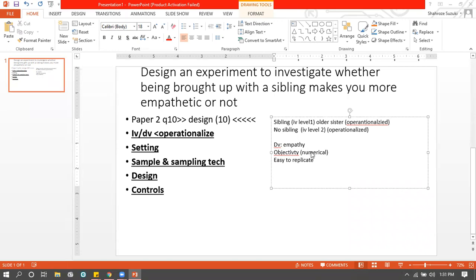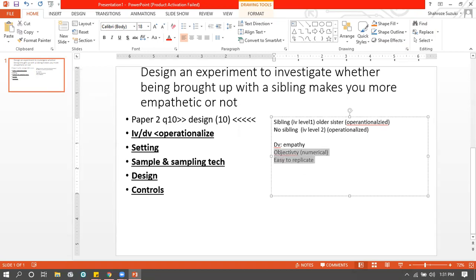All right, soft-heartedness. Now, can we numerically measure soft-heartedness, and is it easy to replicate? We cannot.